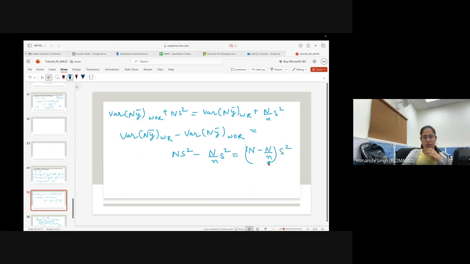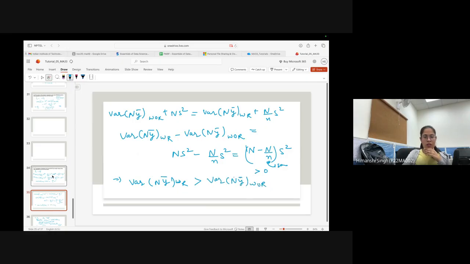Obviously this quantity is positive, so this difference will always be greater than 0. Which implies variance of N y bar under WR is greater than variance of N y bar under WOR.